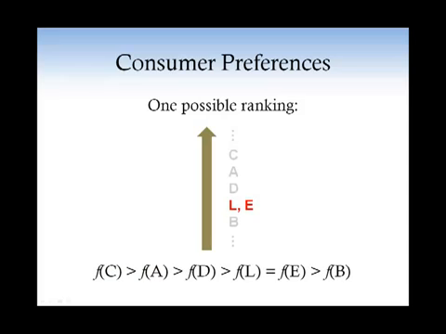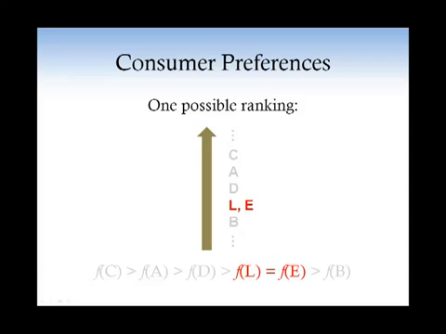Mary is indifferent between them. And the function calculated at D, f of D, has the same value as f of E, that is the function calculated at E. Let me understand. So you're saying that we can summarize all Mary's preferences simply with a function?